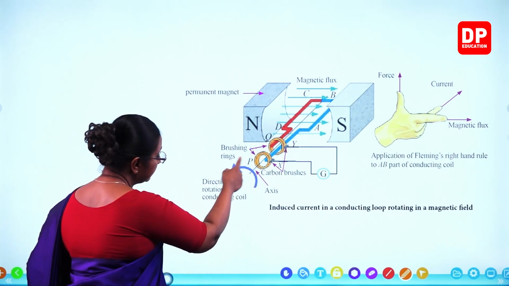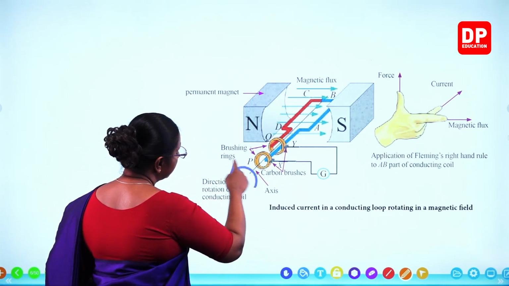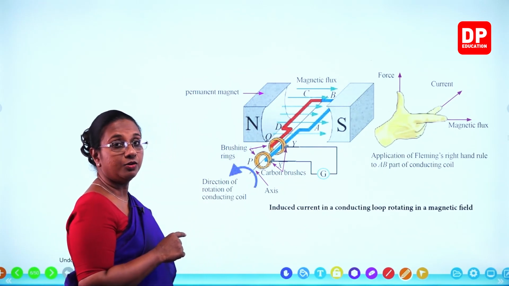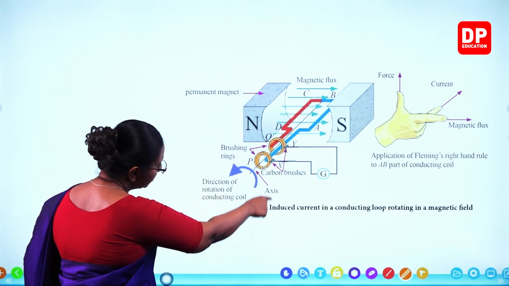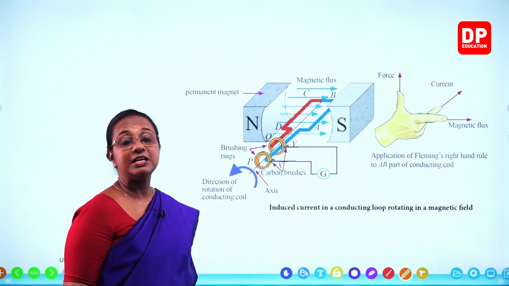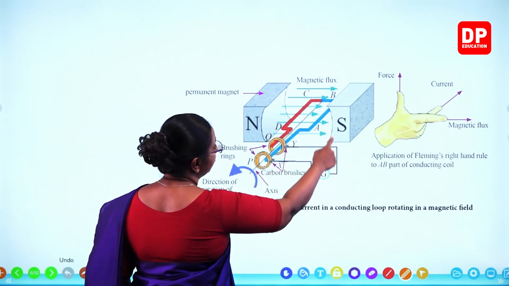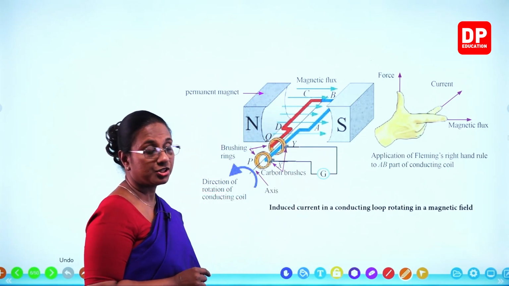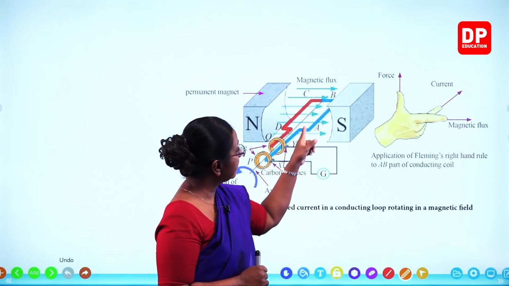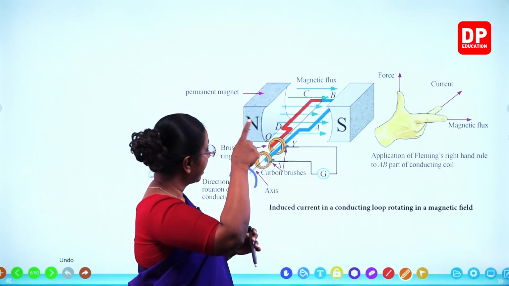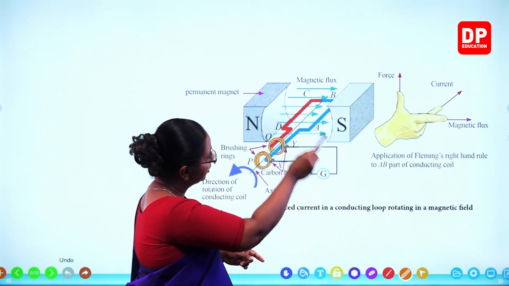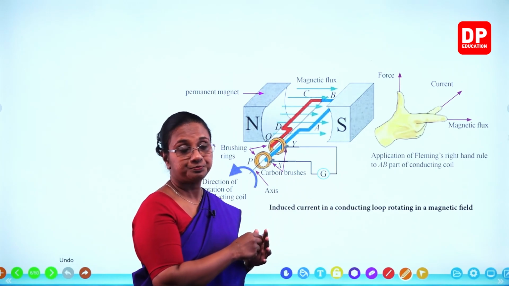So here you can see the direction of the rotation of the conducting coil. If the direction is shown this way, that means it's an anti-clockwise direction. So this coil is going to move in an anti-clockwise direction. That means the side AB is going to move up, CD is going to move down this way.